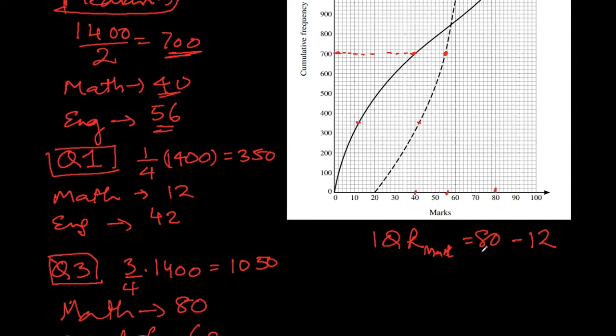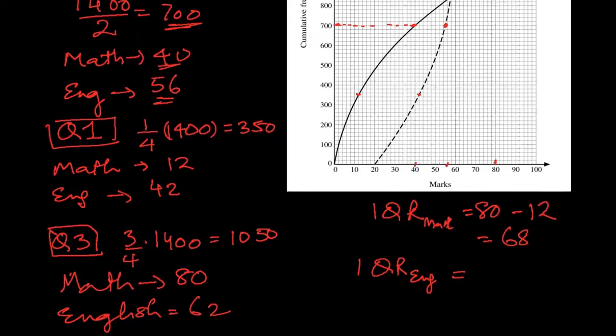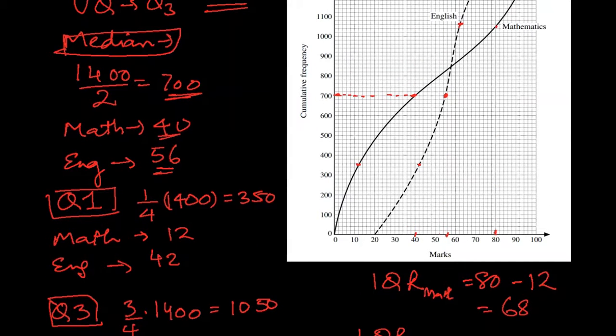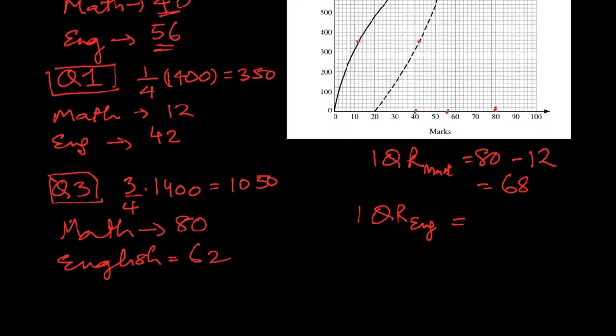Q3 minus Q1 gives us the interquartile range, which is 68. All right, the IQR for English is equal to 62 minus 42, which is 20.